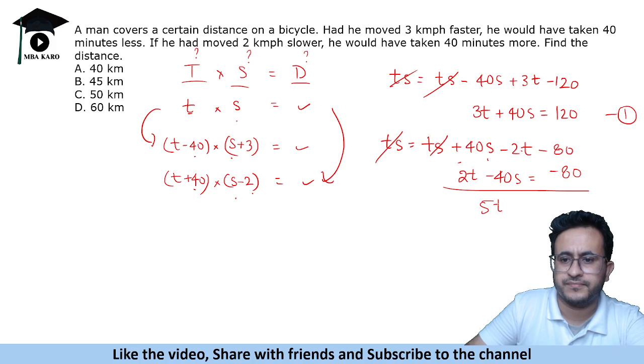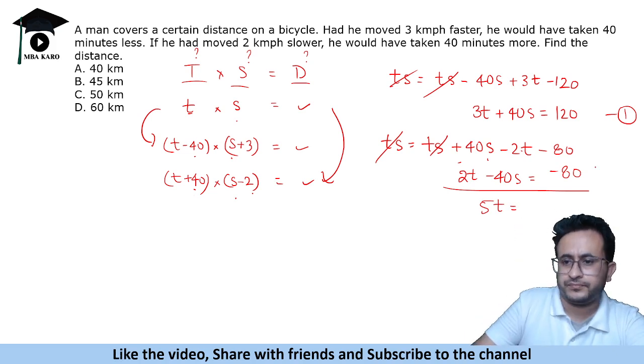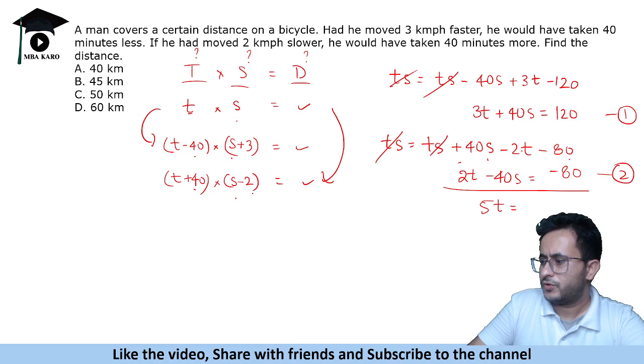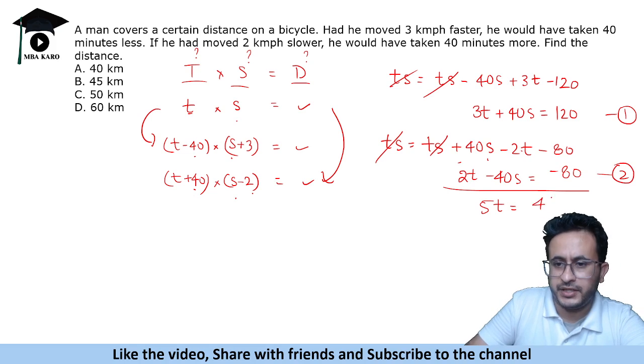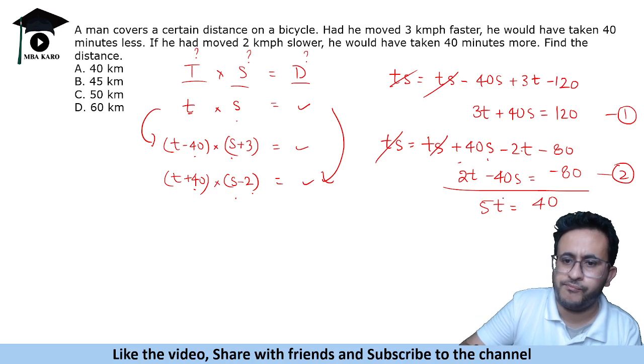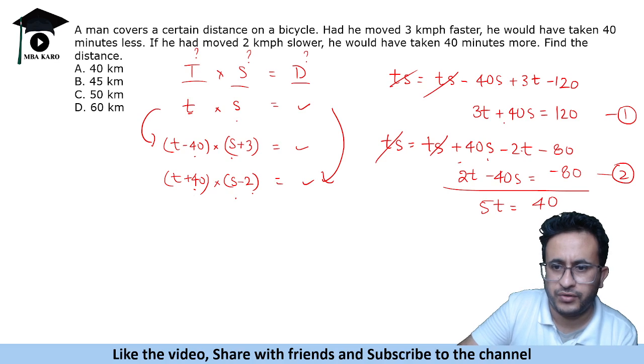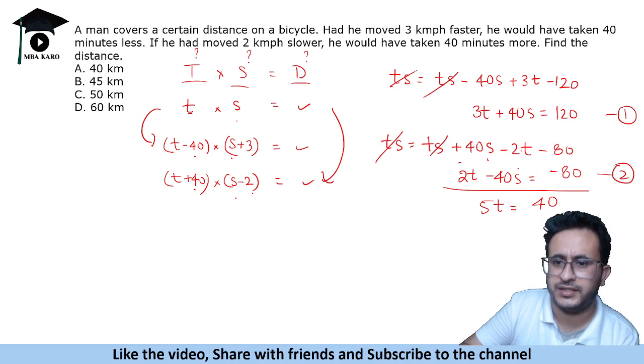So when we add that, we get 5t is equal to 40, or t is equal to 8. Are we getting anything wrong here?